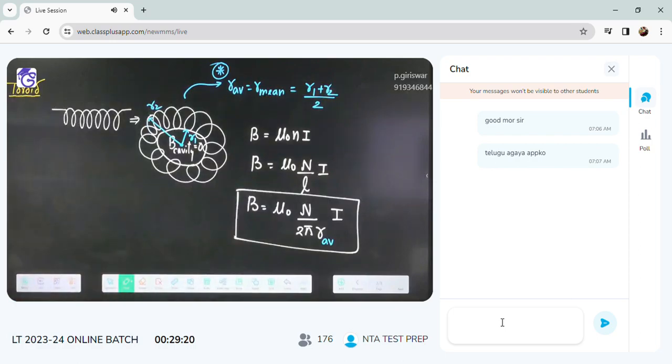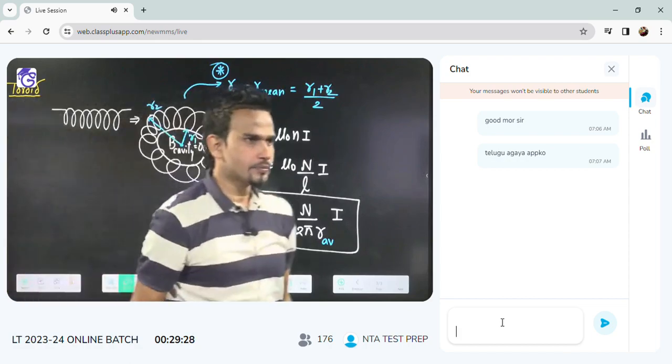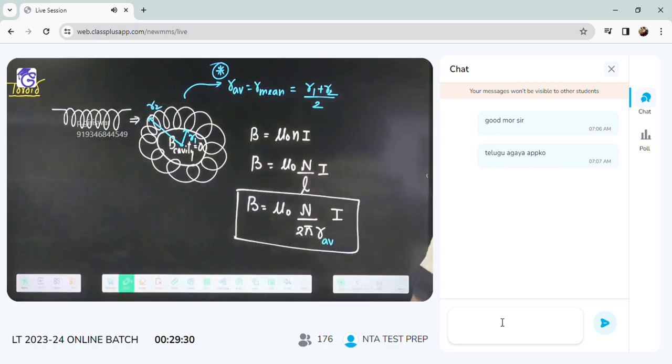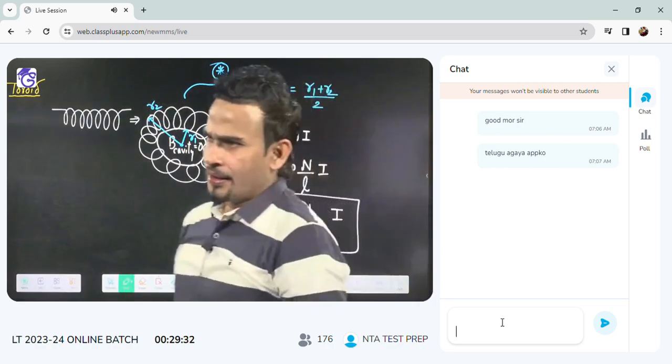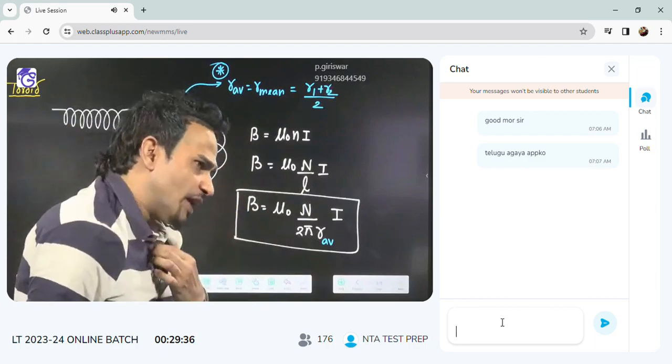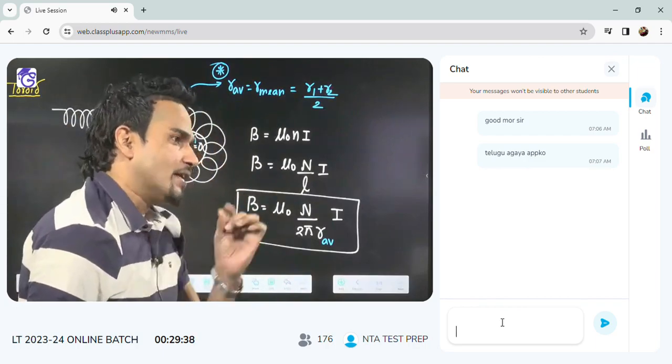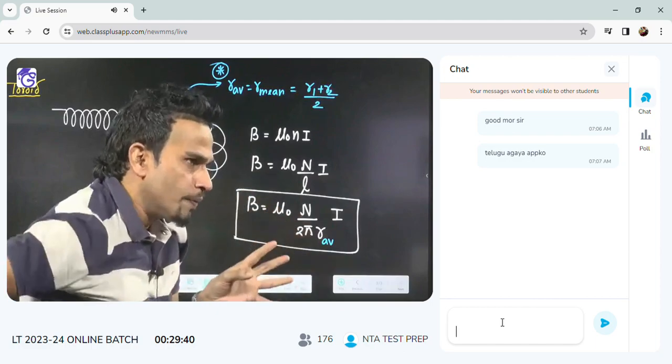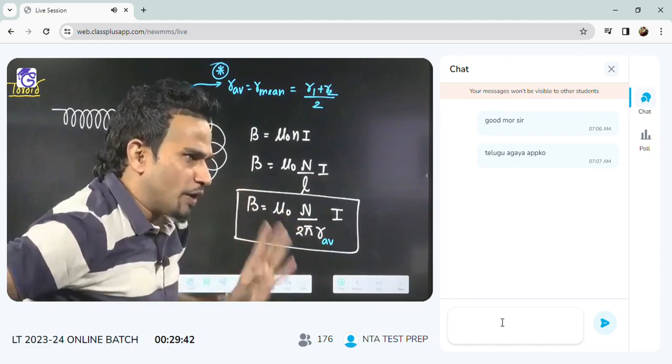That is the average radius. If they give you inner radius and outer radius, first calculate the mean radius, R1 plus R2 by 2. Then you can put it in the formula to get the answer.